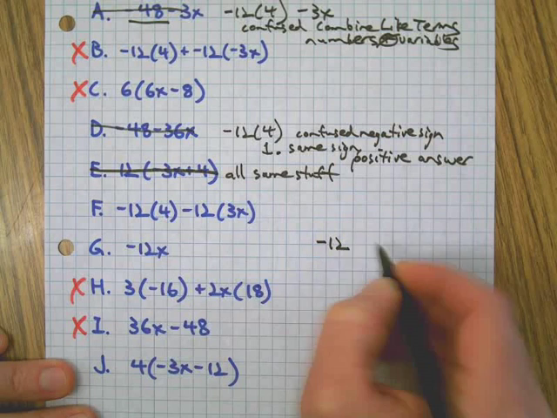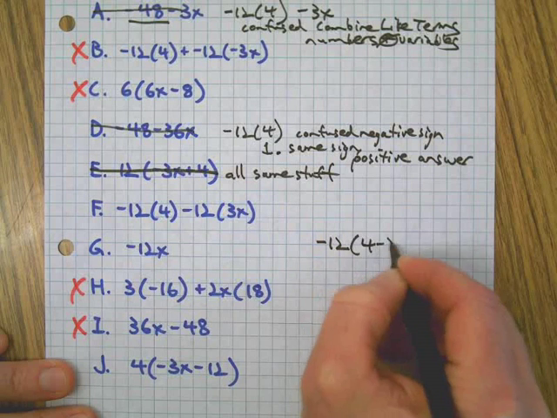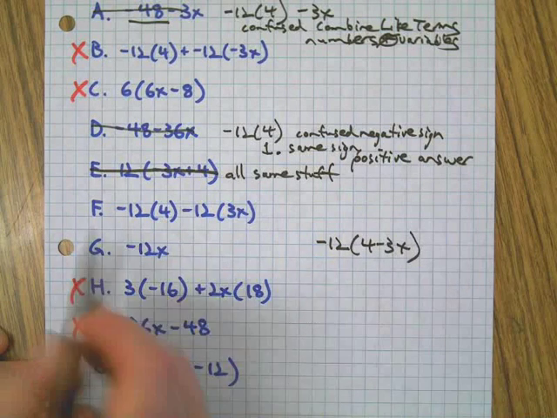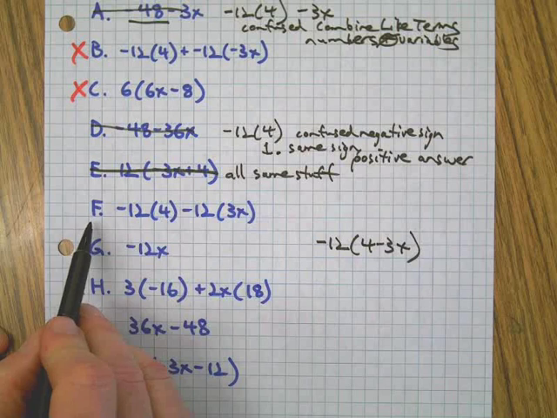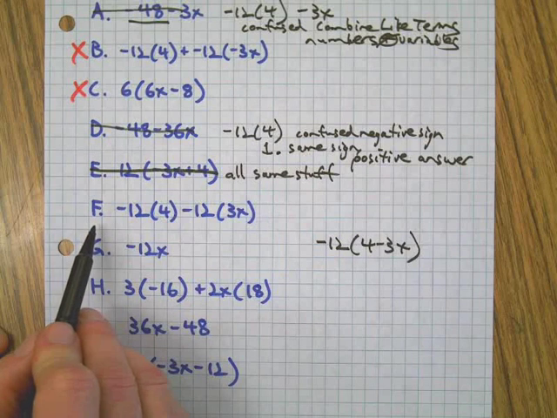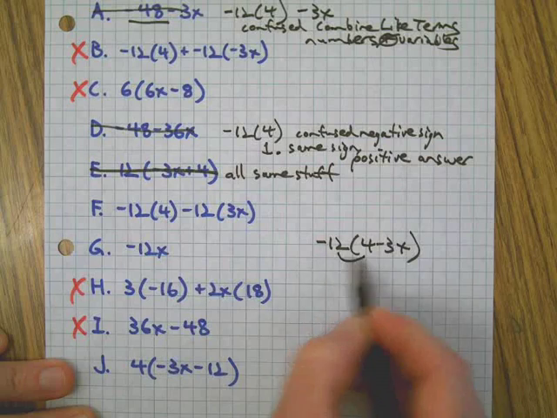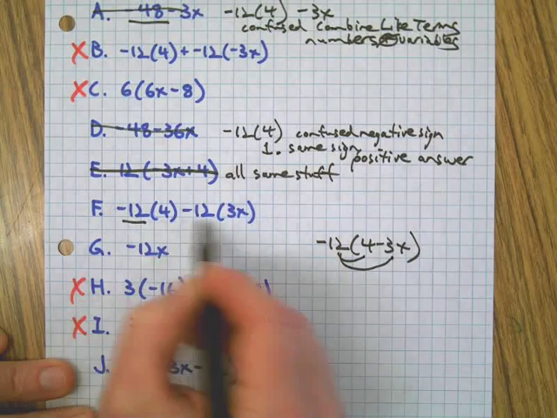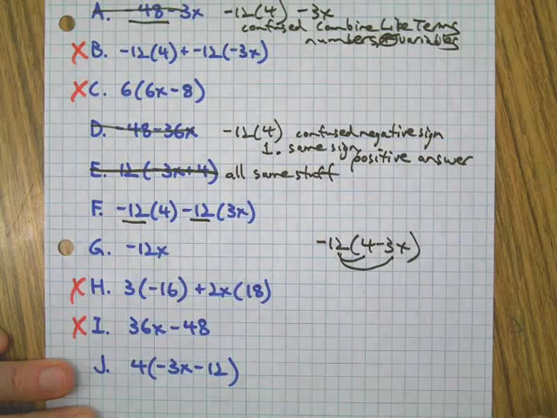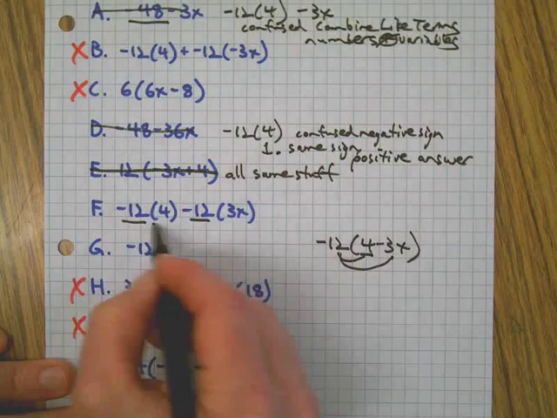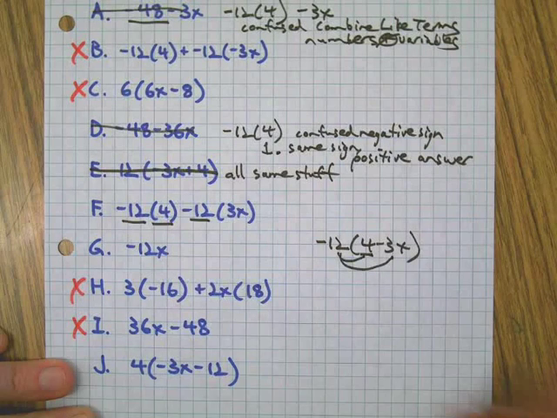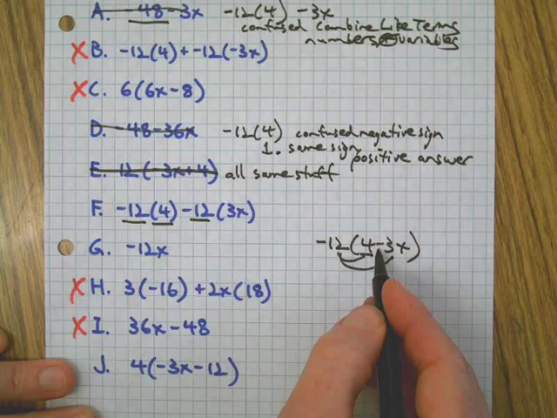Now we're getting down here. I'm going to rewrite our original problem so you can see it. Okay, part F. Why would someone choose part F? We've got the negative 12 twice. That makes sense. We've got the 4 being multiplied. That makes sense.